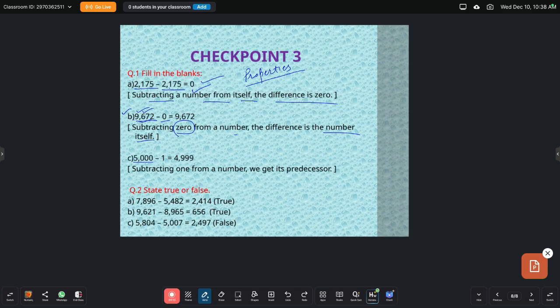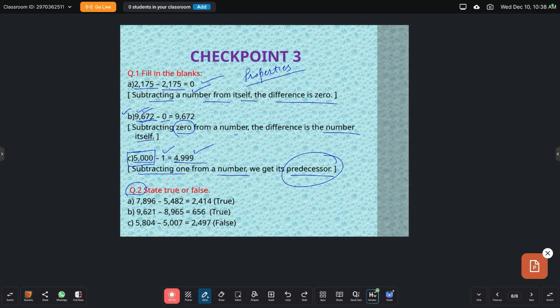The property here: subtracting 1 from a number, we get its predecessor. That means whenever we subtract 1 from a given number, the difference is always the predecessor of the given number. The predecessor of 5,000 is 4,999.